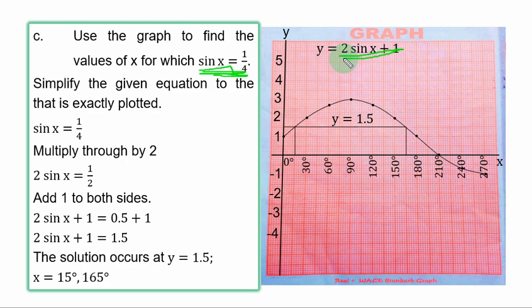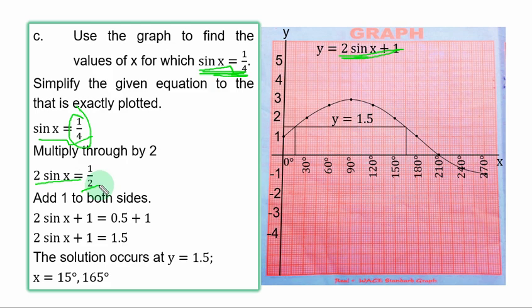It is a must. So let's do that. This is the given equation. First, let us get 2 sin s by using 2 to multiply through. If you do that, you have 2 sin s equal to, you multiply this by 2, you have 1/2.